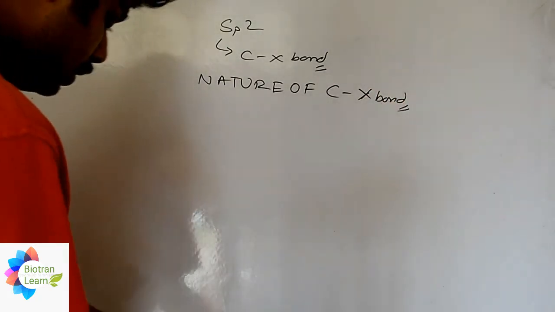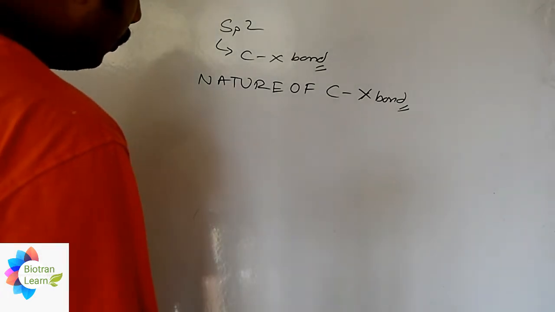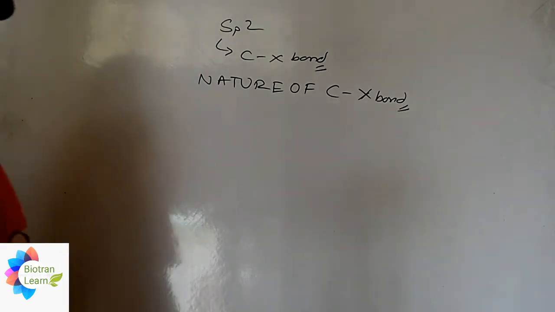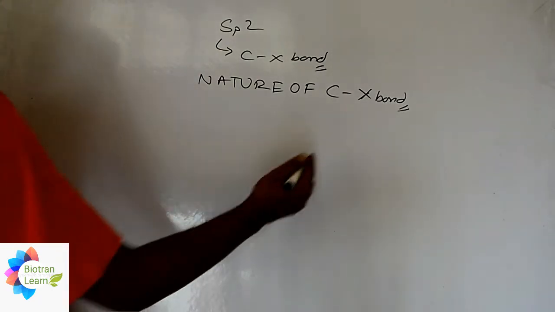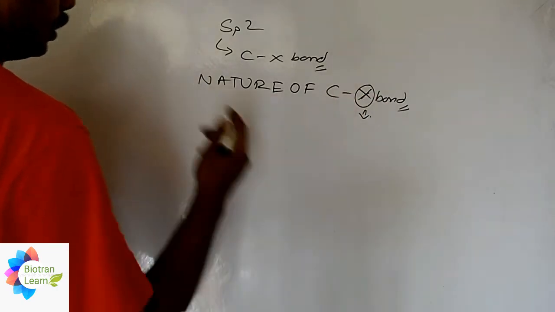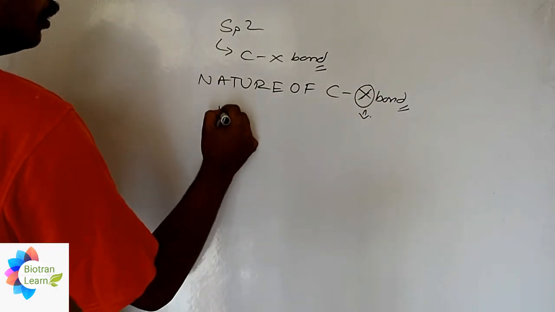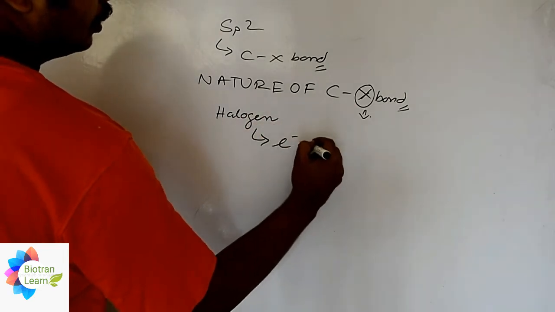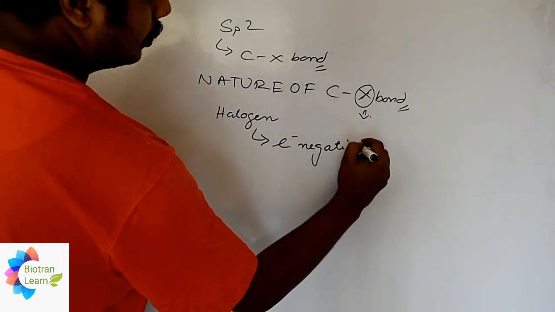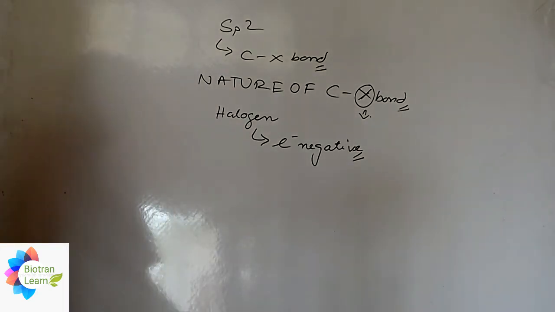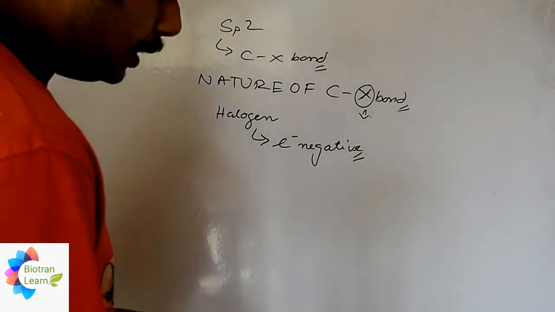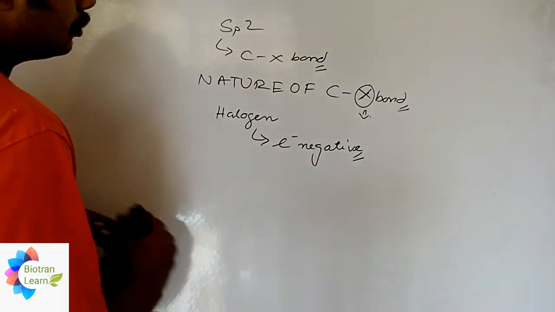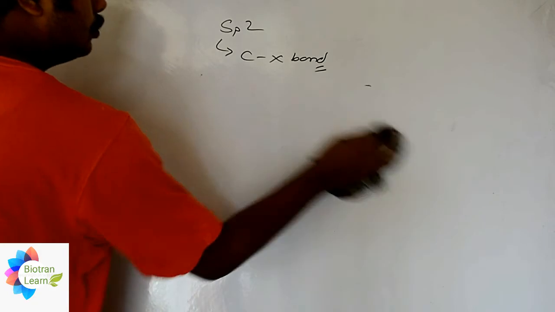The nature, or we can say the dipole, of C-X bonds varies according to the electronegativity of the halogen atom. Halogens are much more electronegative by nature, due to their tendency to pull electrons towards themselves.